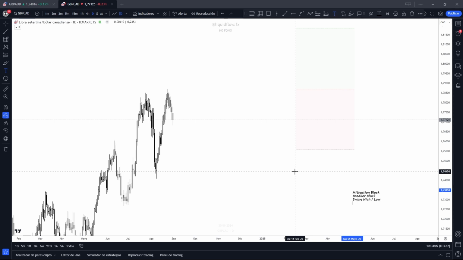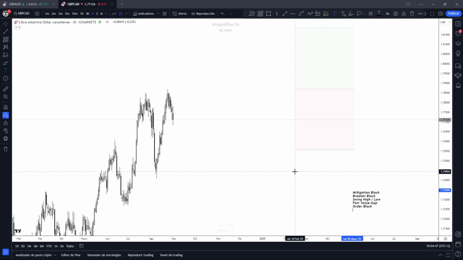Later, we want to see a fair value gap. Then we want to see another block, an order block. And last but not least, the previous swing high or previous swing low, also known as old swing high, old swing low.